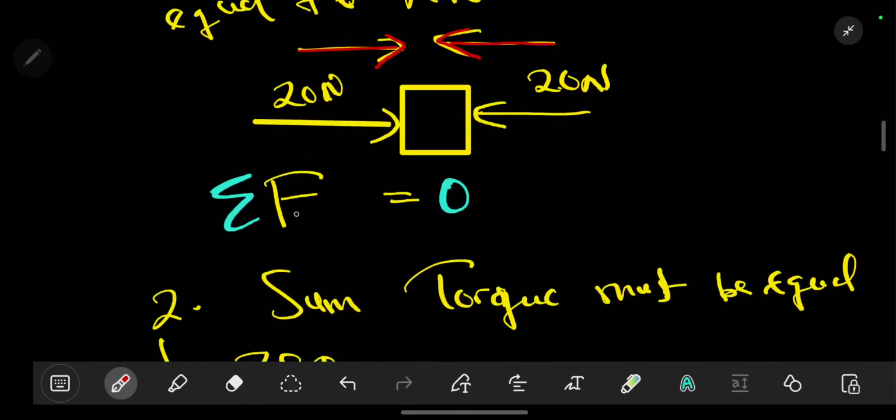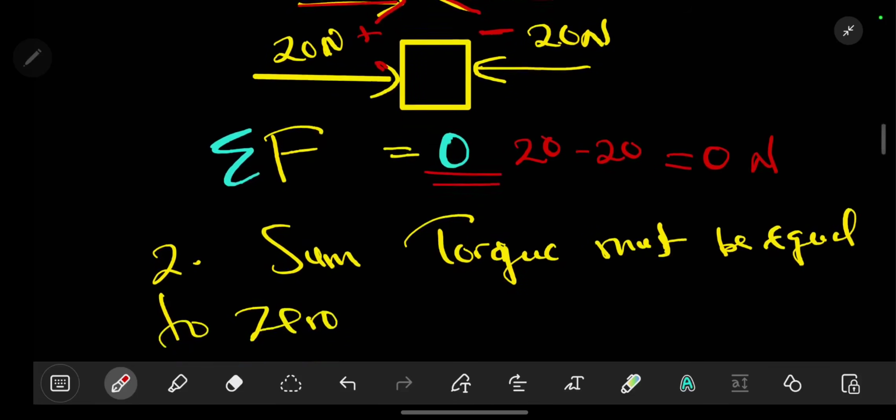So the summation of forces here is equal to 0, because if this one is taken to be positive and this one moving to the left is taken to be negative, it will be 20 minus 20, which is equal to 0. If two forces are acting in opposite directions, then the force that will be produced is 0 newtons. Therefore, an object will not move under that condition.